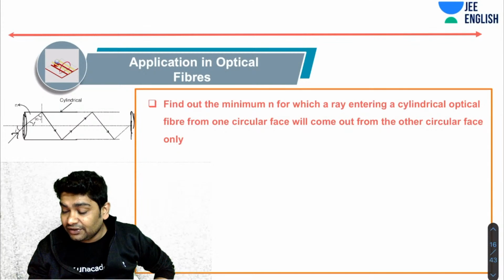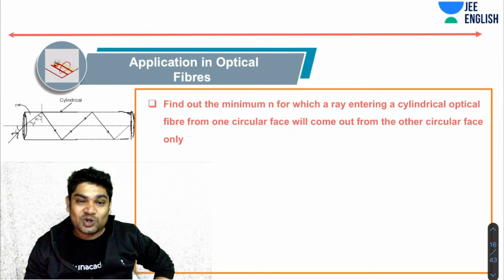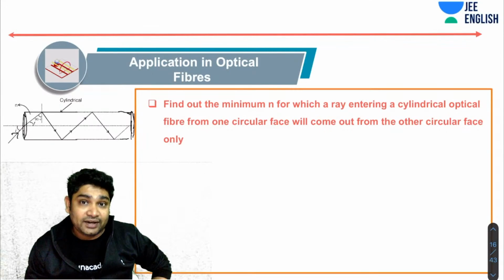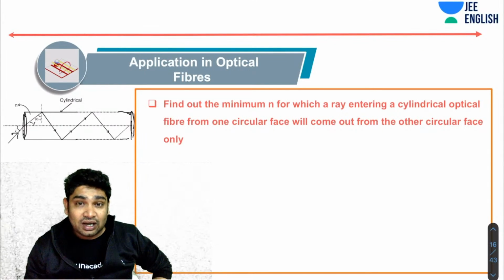It doesn't matter whether you have bent the optical fiber or not. Any light ray can travel through multiple total internal reflections and travel along the optical fiber. So that is a problem that we are going to try and address.